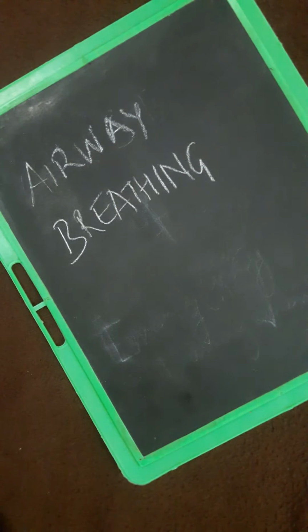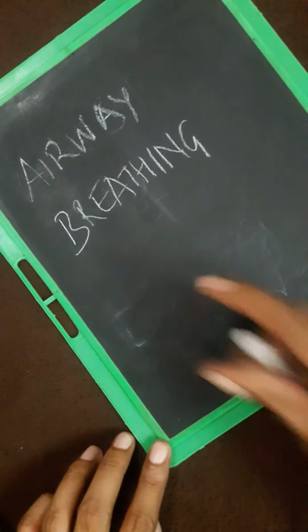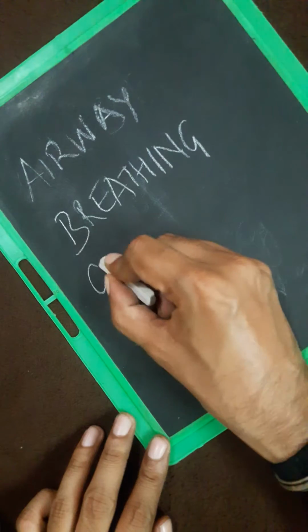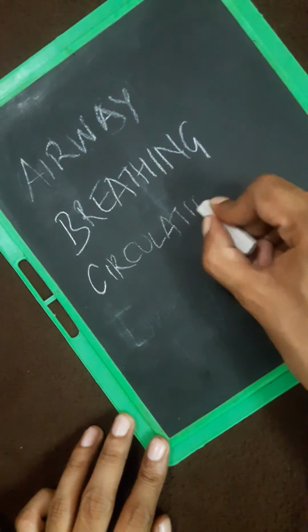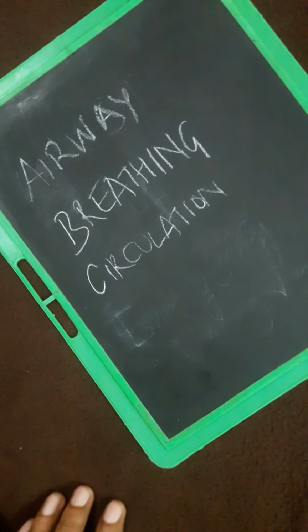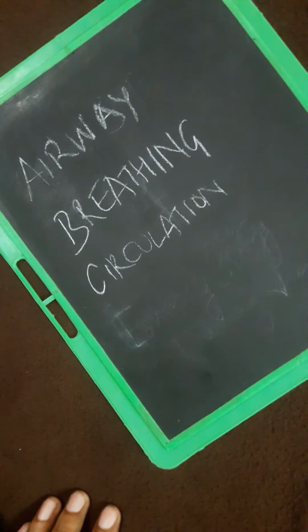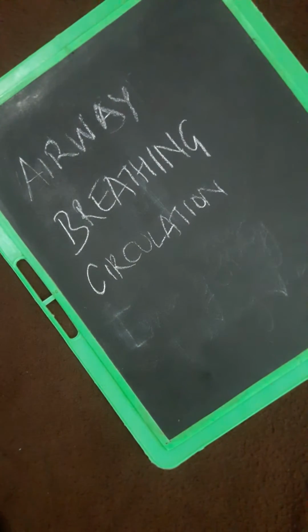After we have seen and ensured that breathing is normal, we go ahead and see the circulation. Now, in order to judge the circulation, the first thing that we should see is the color of hands and fingers.